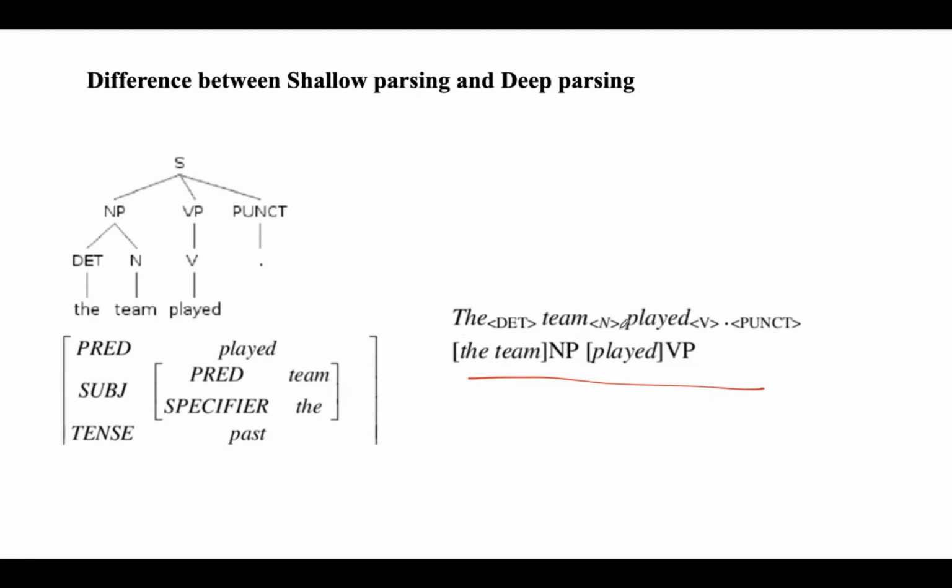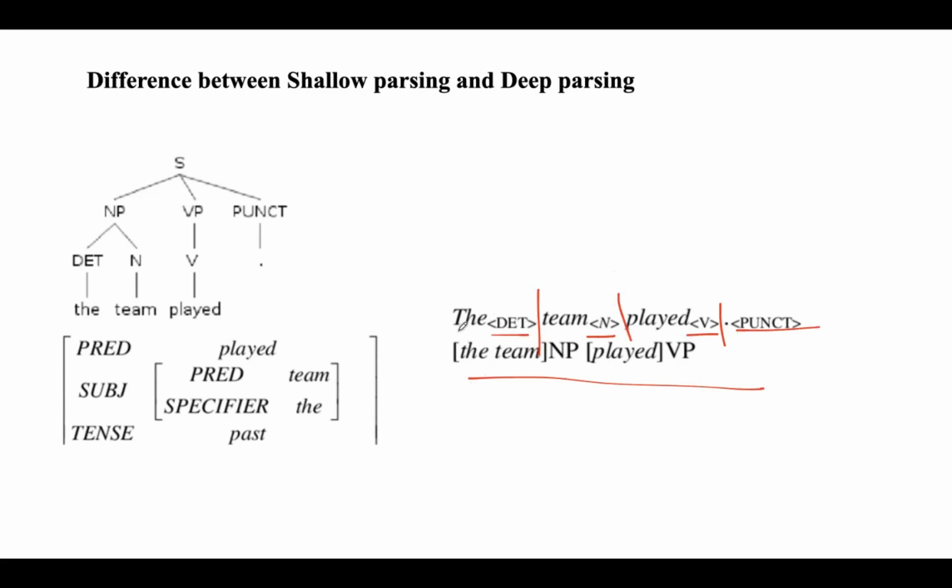In step 2, we assign POS tags to every word in the sentence. And after that, we extract phrases from the sentence. Here you can see the words are divided into 3 parts: the, team, played, and a full stop. After that, tags are assigned. The is a determiner, team is a noun, played is a verb, and the dot is punctuation.